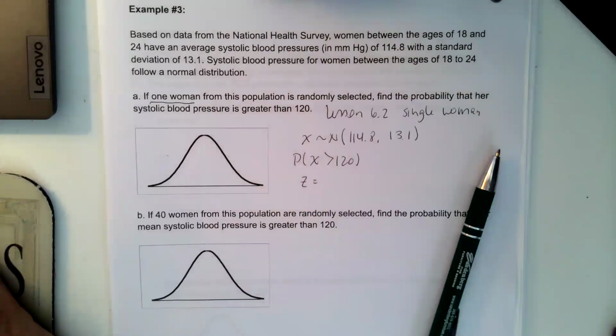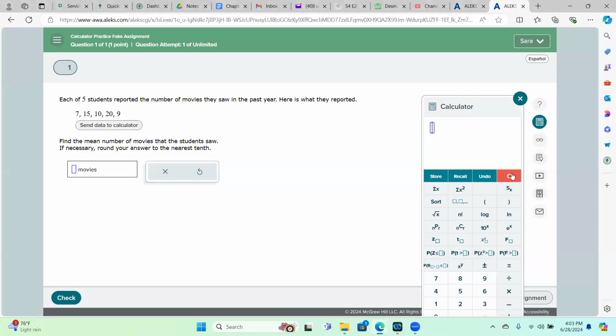So let's go ahead and calculate that. So we have 120 and subtracting the mean, 114.8, and dividing by 13.1. We don't have to worry about the sample size because the sample size is 1. So that Z-score is 0.3969. And because it's greater than, we have to do 1 minus the probability of the Z-score being less than.